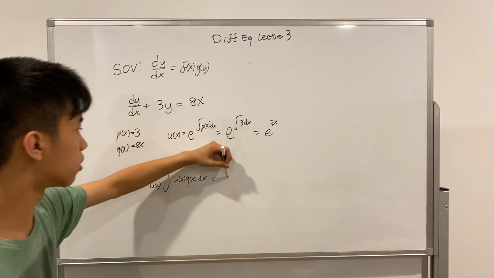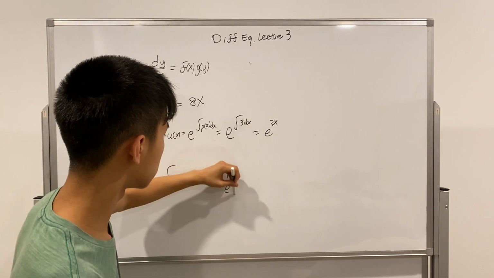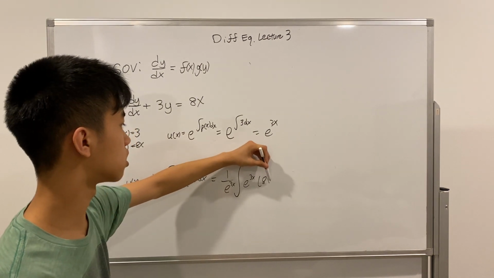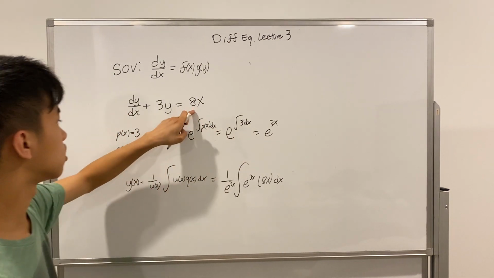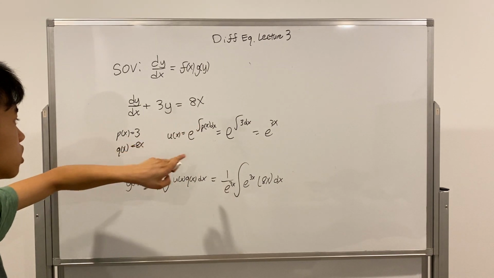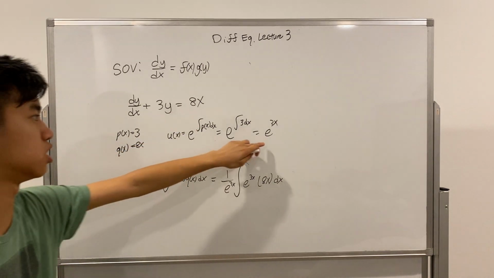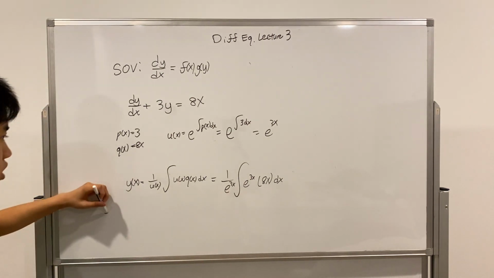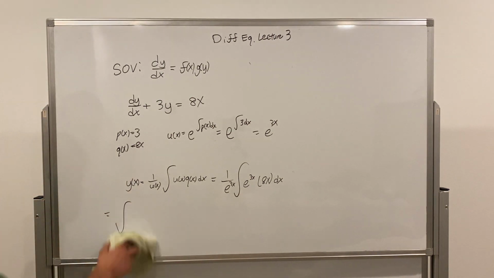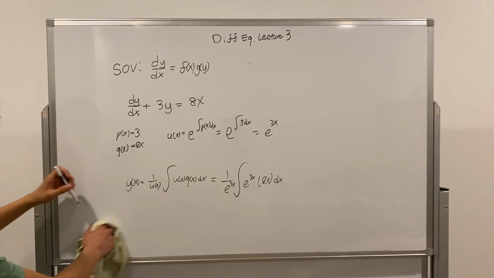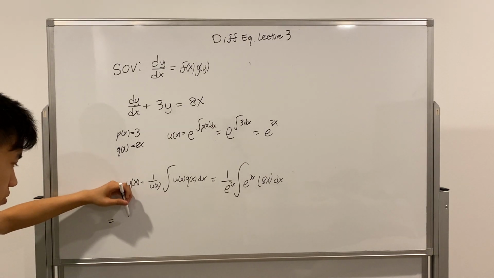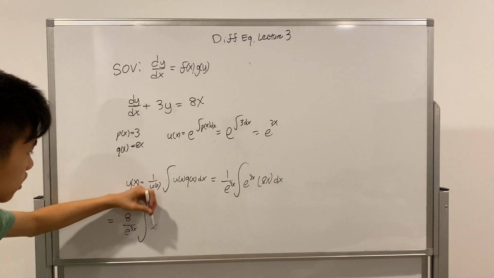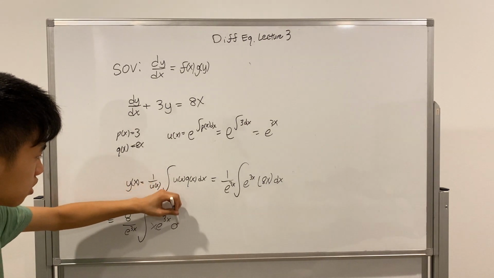That's 1 over e to the 3x times the integral of e to the 3x times 8x dx. So now we have an integration by parts problem. This is 8 times the integral of x e to the 3x dx.